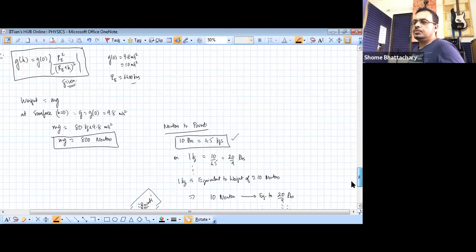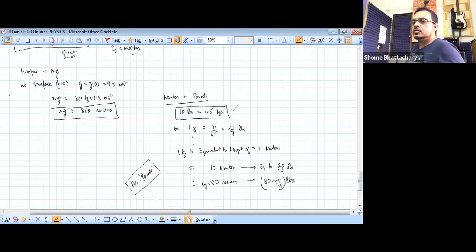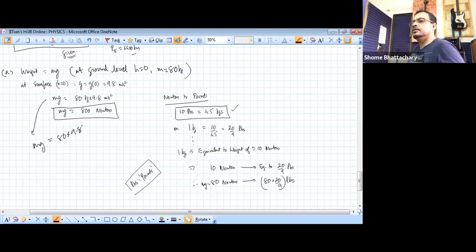Okay, so let's go through both the parts once more. Part A was weight at ground level, that is h equal to 0. The mass is given to us, 80 kg. So the exact value of weight will be 80 into 9.8, which will be 784 newtons.